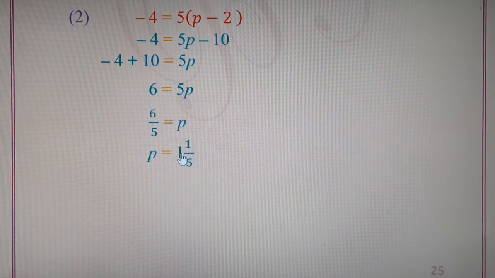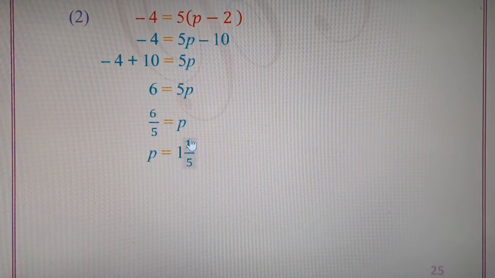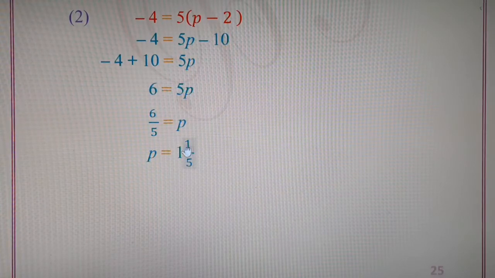So 5 is multiplied with 1, our answer will be 5. And after that we have to count further in order to get 6. 5 1s are 5, plus 1 we will get 6. So here we are using multiplication and addition. So here 1 is the carry, 1 is the integer and 5 is the denominator. 5 1s are 5 plus 1 is 6.